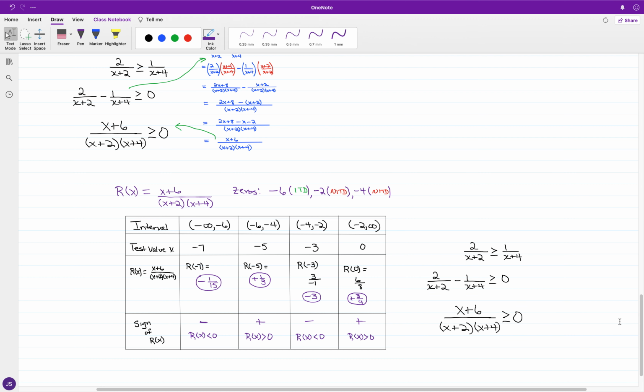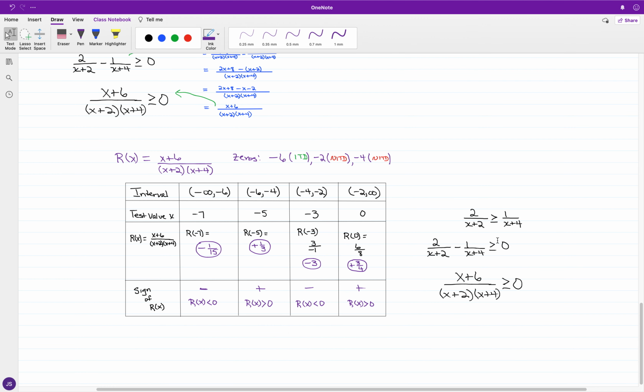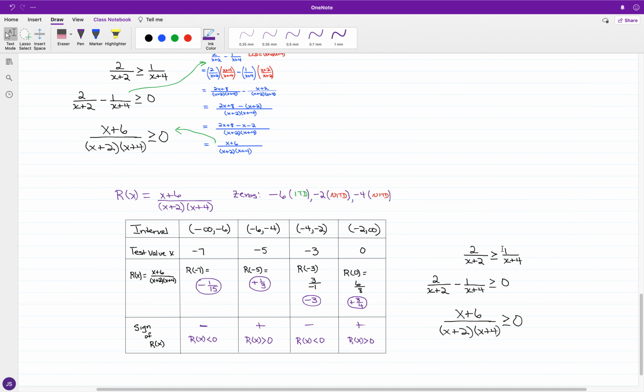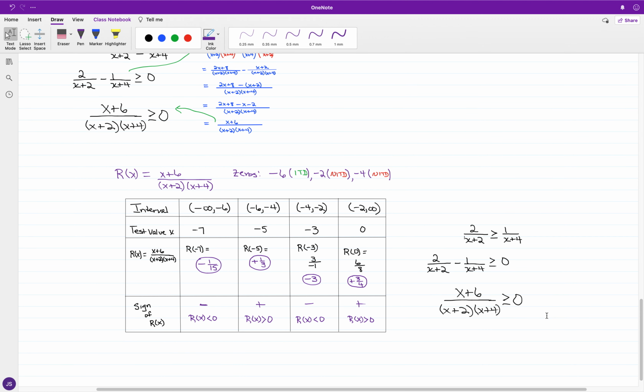Okay, if you notice, we start out with 2 over x plus 2 is greater than or equal to 1 over x plus 4. And again, we wrote this translated in terms of a comparison to 0 inequality. Upon combining the expressions, I had this part where r of x is this consolidated ratio. So the solution to this inequality is going to be where r of x is greater than or equal to 0.